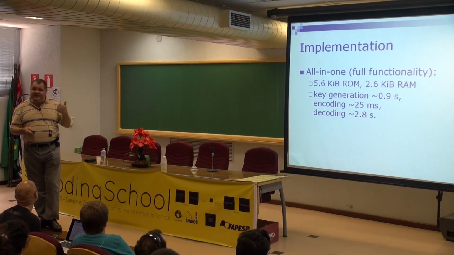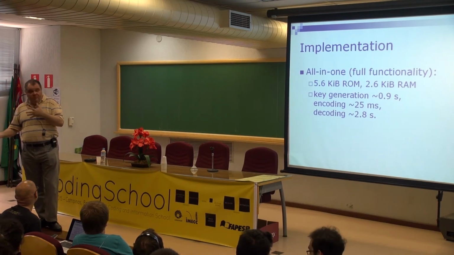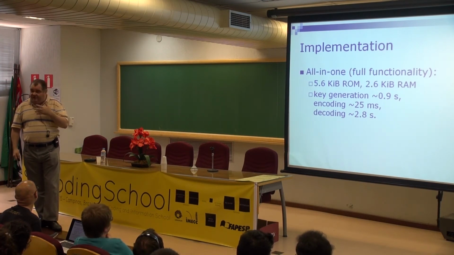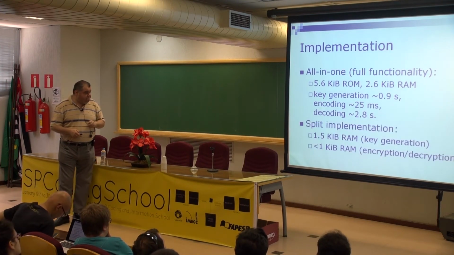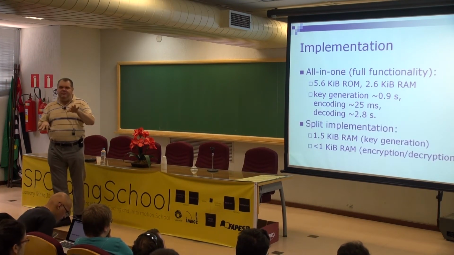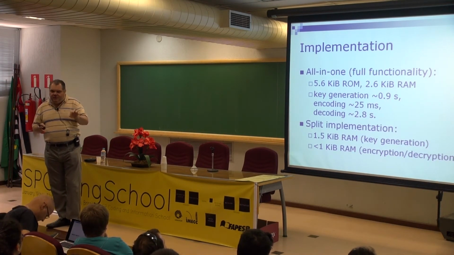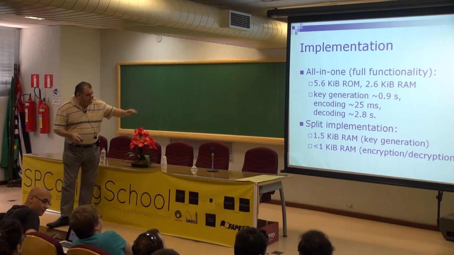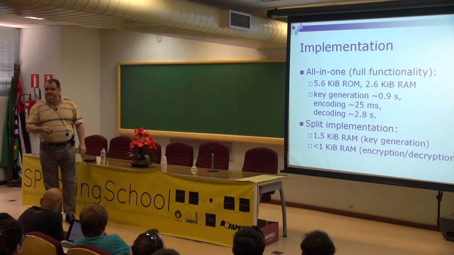If you implement this on a powerful, modern processor, then performance is very, very high. You can achieve very high throughput. I don't have the data here, but it's very high. You can split implementation as well, assuming you will only encrypt or only decrypt. So the needed resources are even less than that.